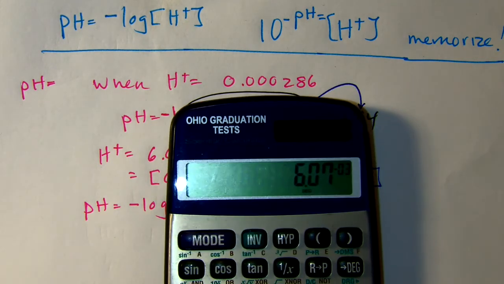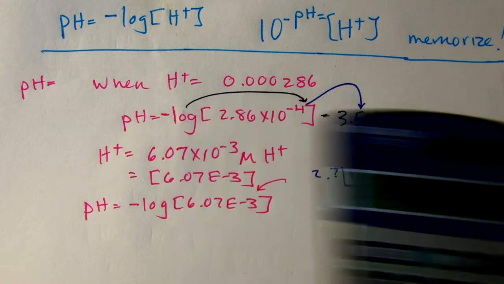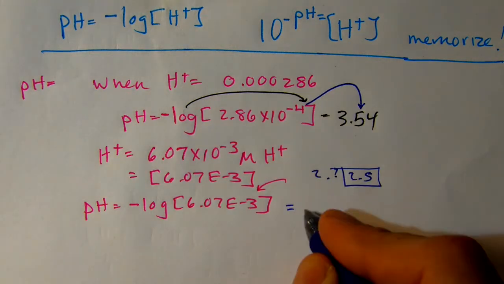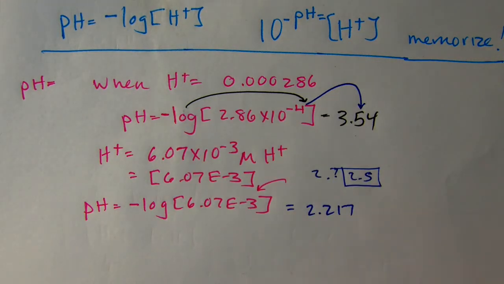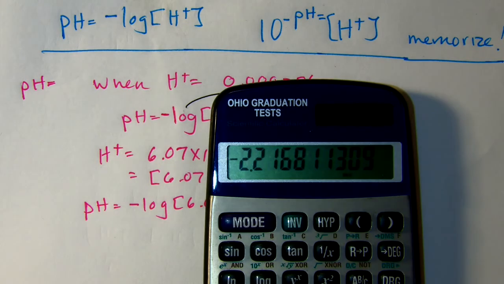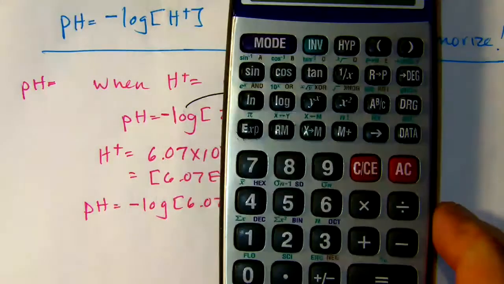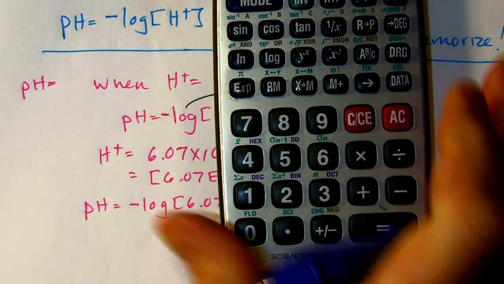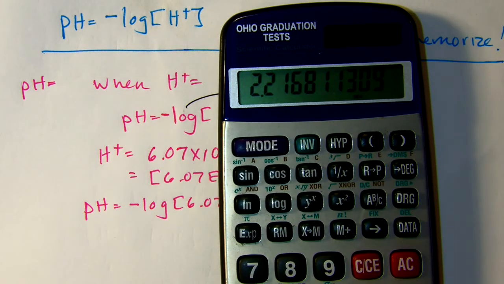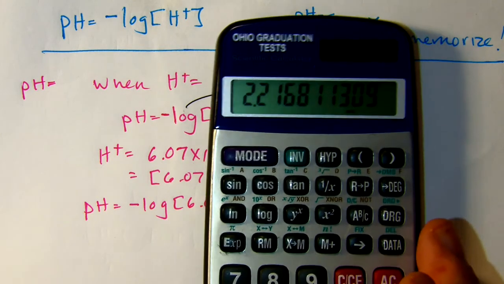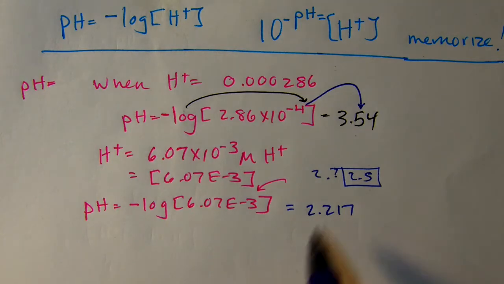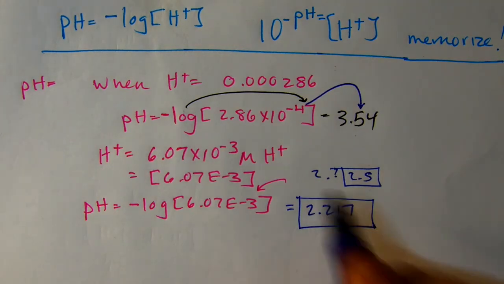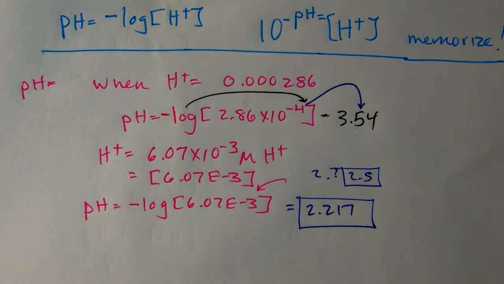Boom. Take the log, negative 2.217. Now, why did I do that? Well, all I have to do is push the change sign button right there. Watch what happens. Magic. You don't really need to push the button. Just remember, pH is going to be positive. Not always positive, by the way. That's how you calculate pH.